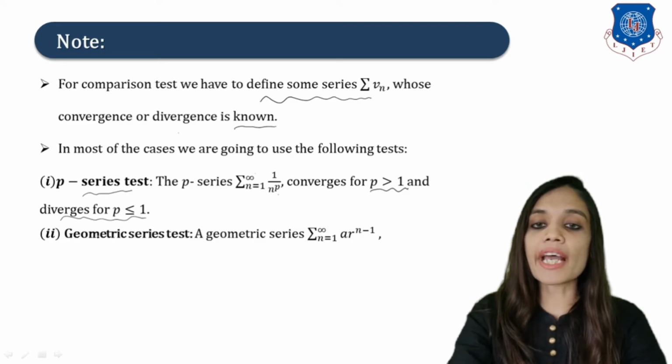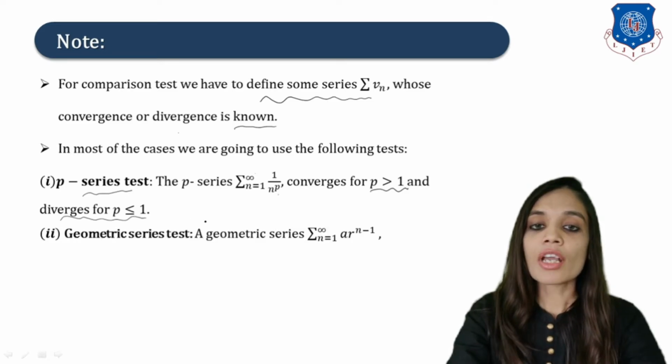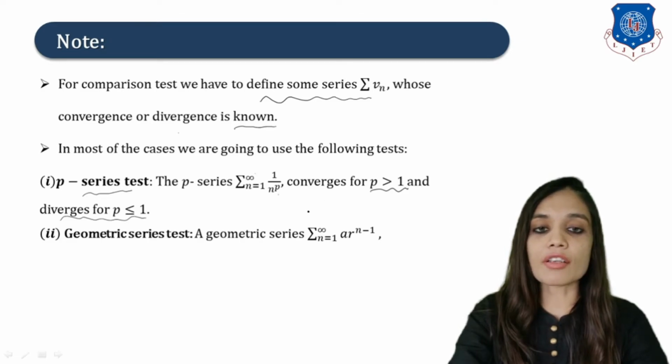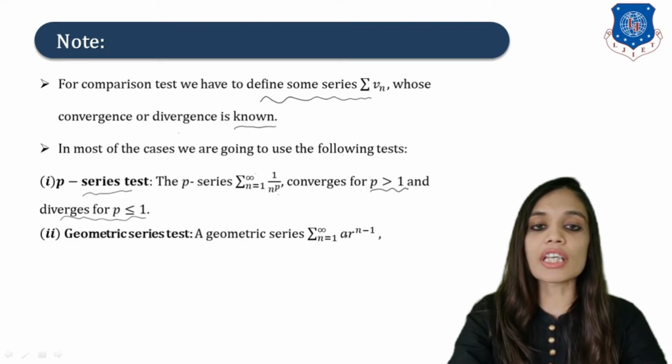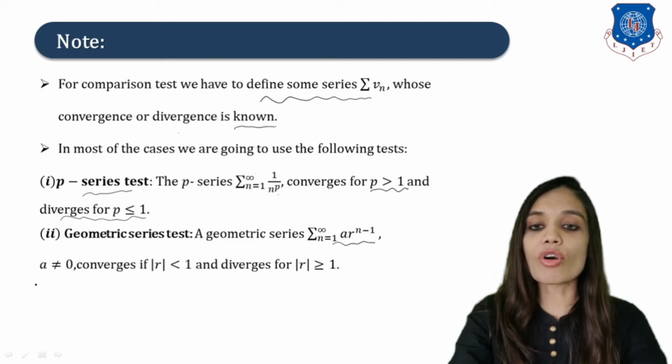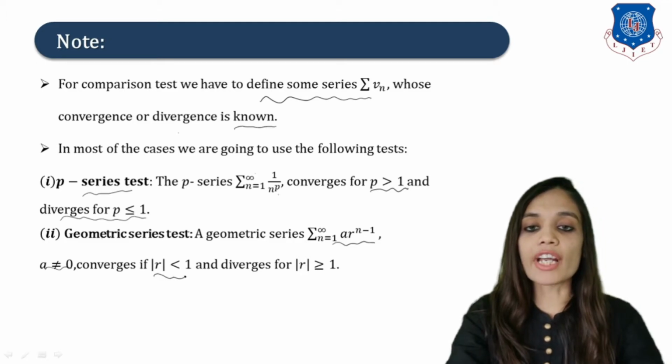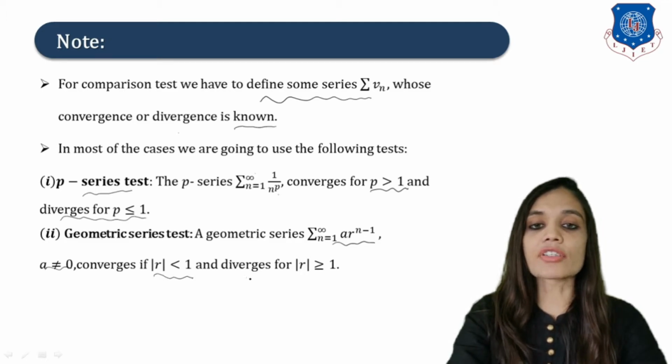Next we can apply the geometric series test. A geometric series is given by summation n is equal to 1 to infinity a r raised to n minus 1, where a is not equal to 0. This series converges if mod r is less than 1 and diverges if mod r is greater than 1.